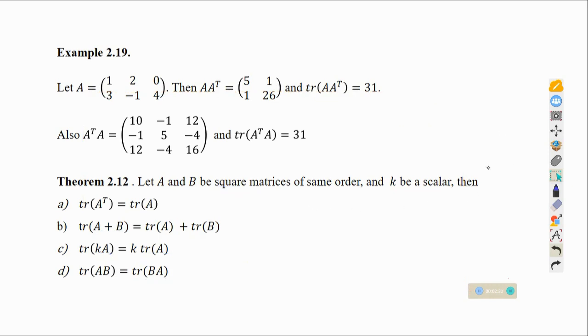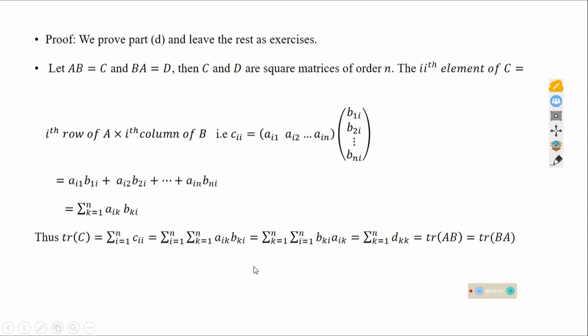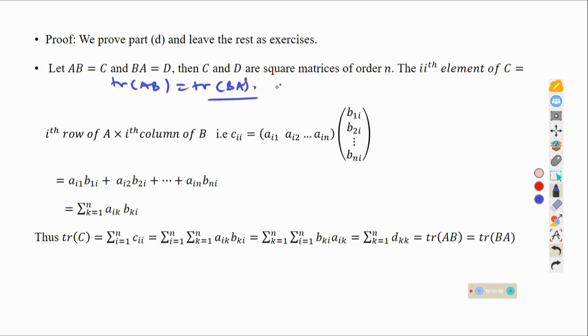So let us look at the proof for part D. We need to prove that trace of AB is the same as trace of B times A. Let us look at the proof.